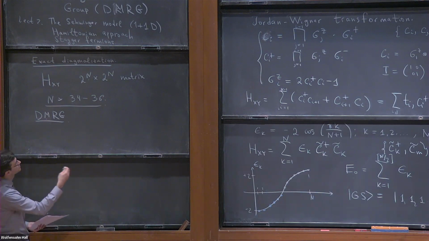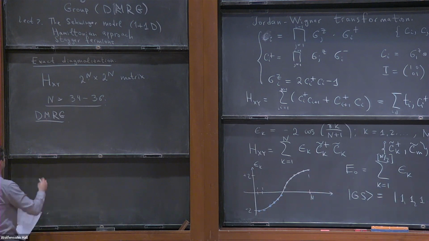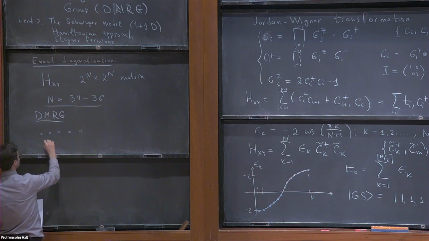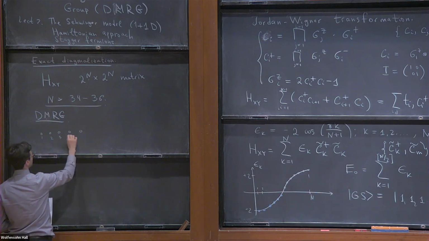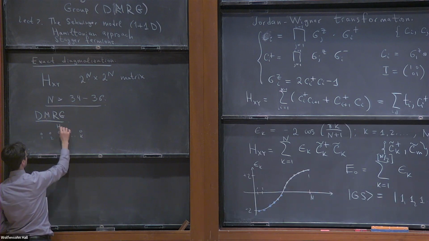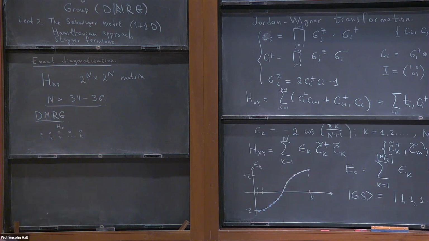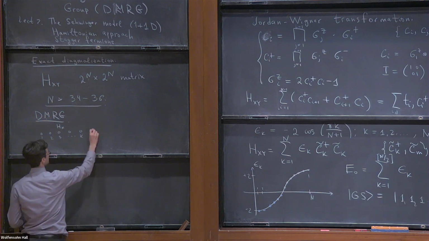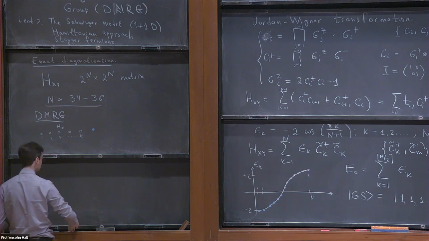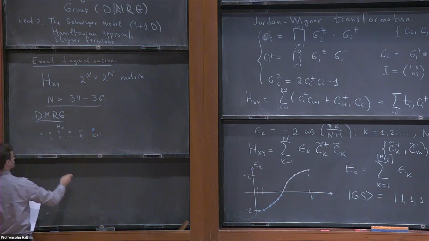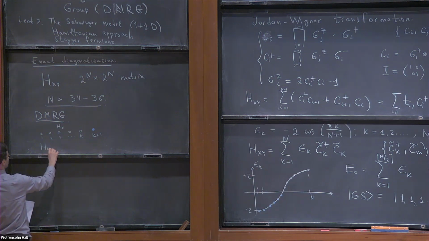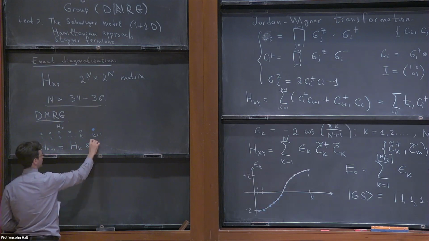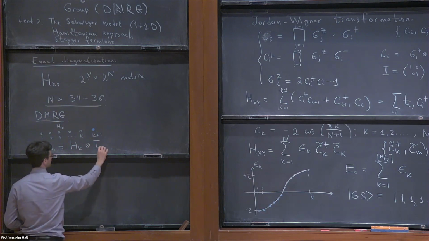In this simplest model, one can show that if I have the XY Hamiltonian defined on k sites, 1, 2, 3, up to k, so if I have H_k, then I can build H_{k+1}, adding one site, using a simple rule: H_{k+1} is the Hamiltonian H_k tensor product with the identity matrix of the k plus 1 site.